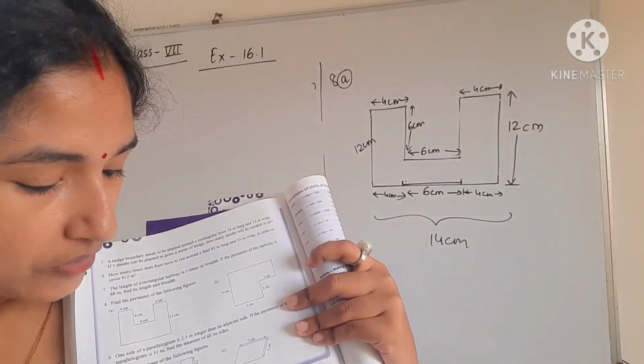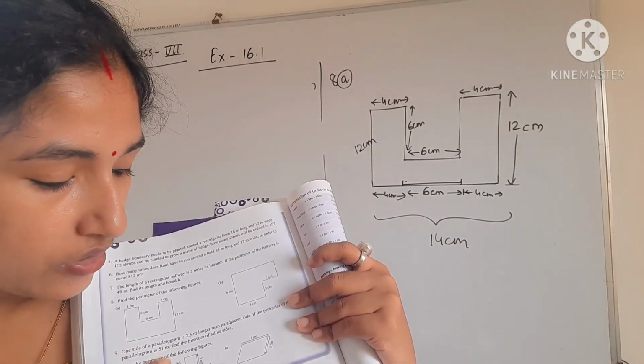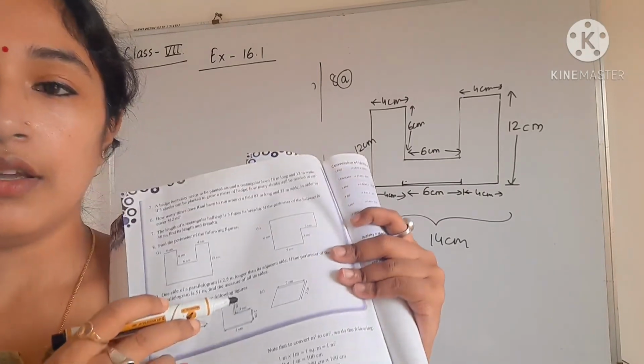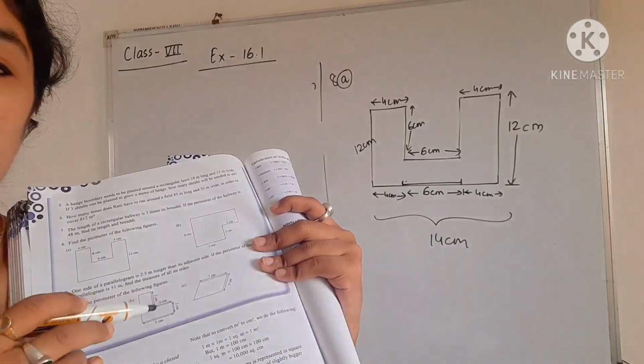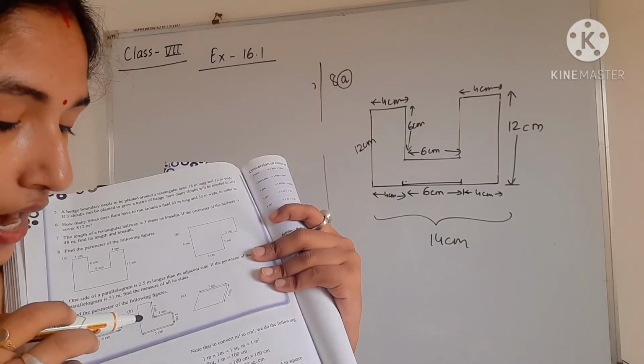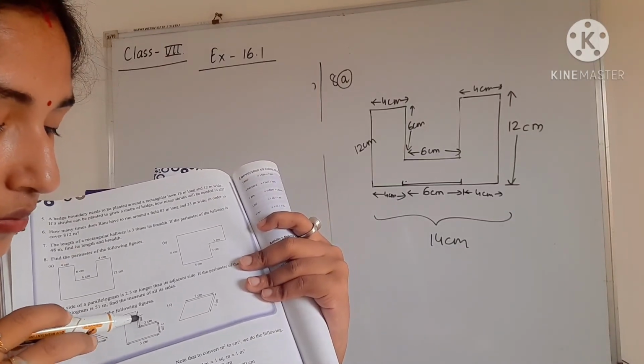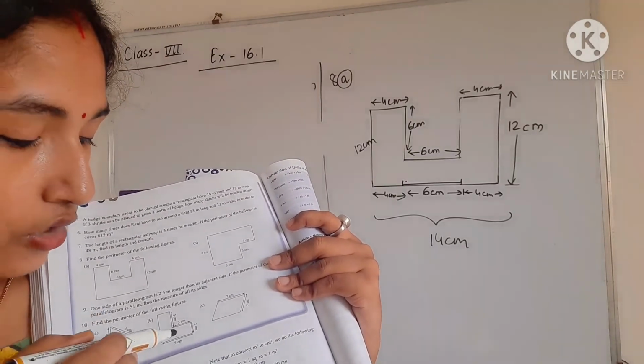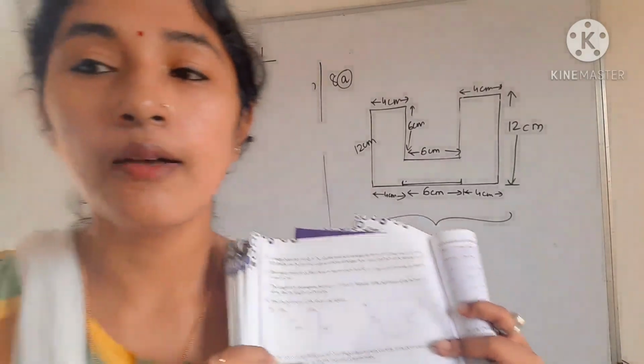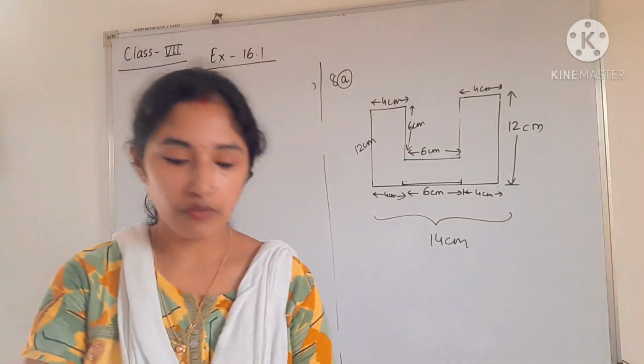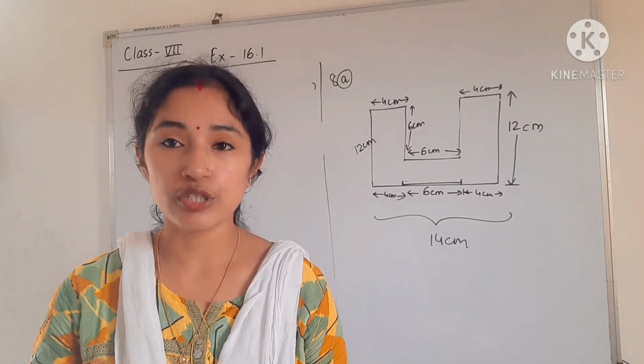From this point to this point, this will be 2 centimeter, because here also 2 centimeter is given. And above this will be 3 centimeter because already it is given. So in that way you can easily find the length of the side which is not given. So try to do question number 10.